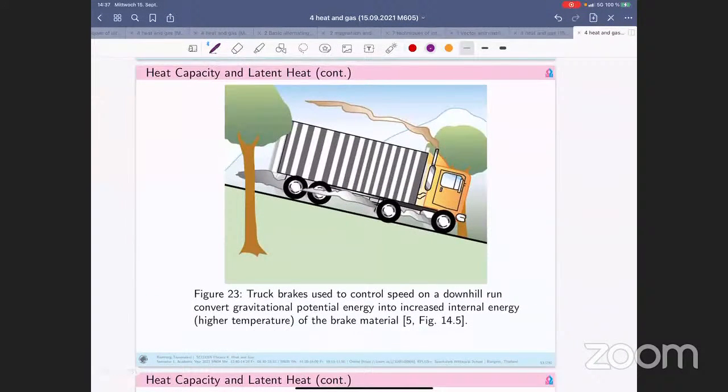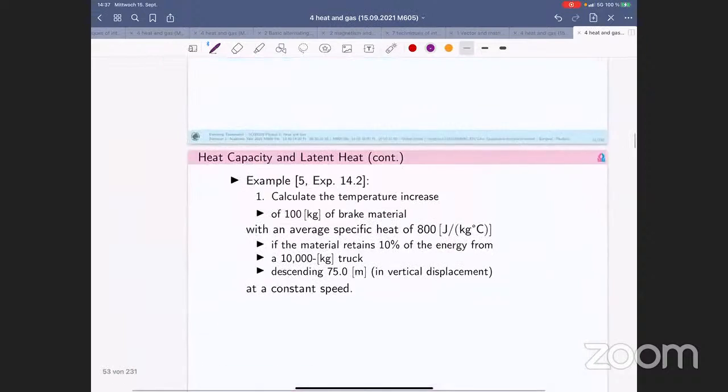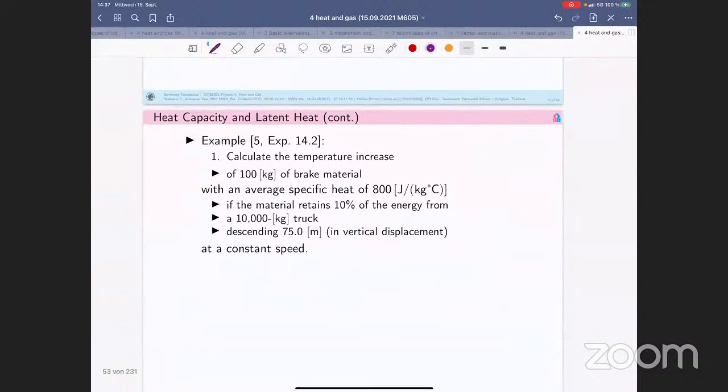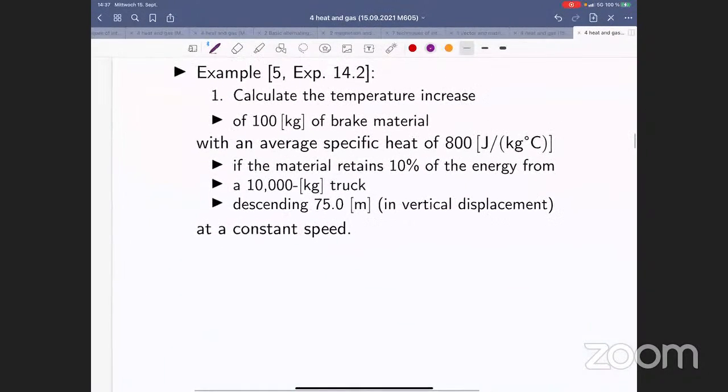Truck brakes. At some point the truck has to brake, and he wants to reduce his speed or velocity, and calculate the temperature increase.